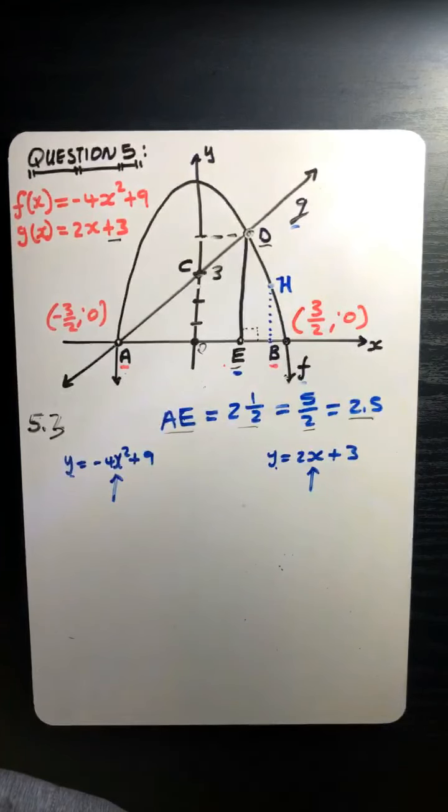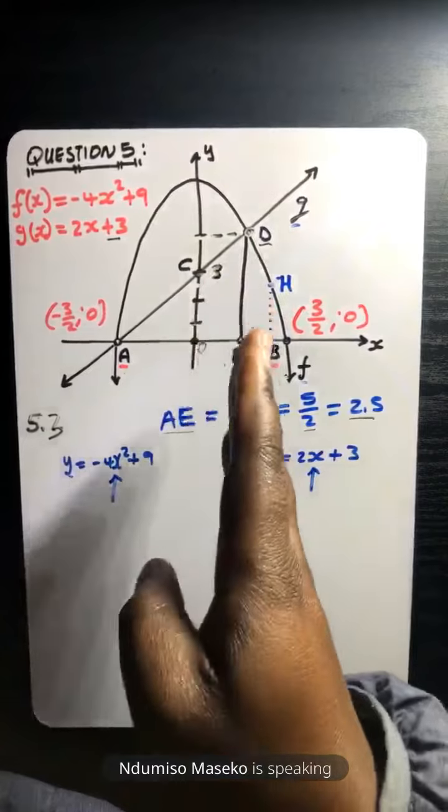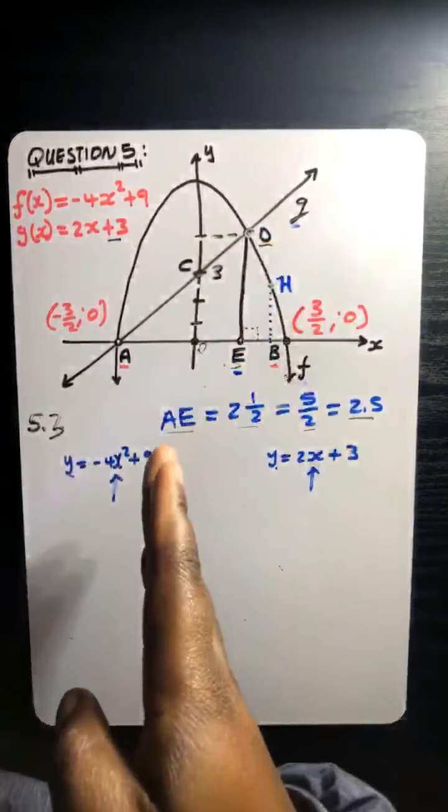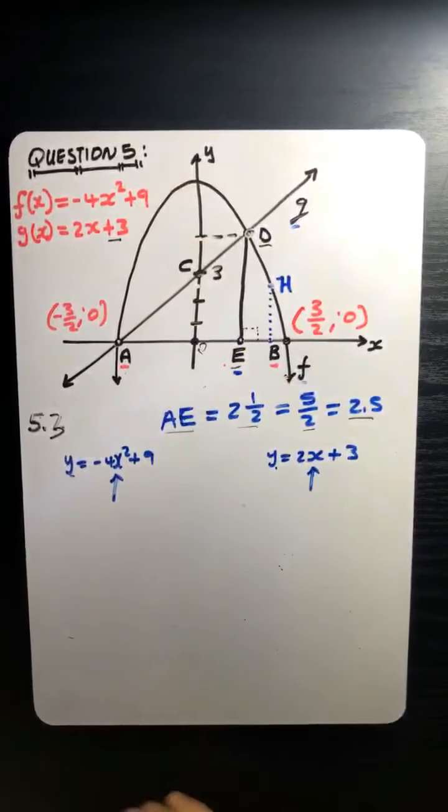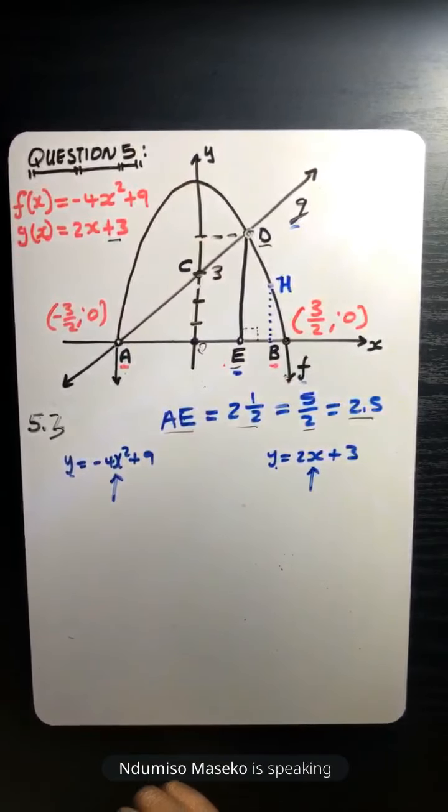Then we can find the x coordinate for E. The x coordinate for E corresponds with the x coordinate of D because they are in a straight line. They said DE is parallel to the y axis, which means it's a vertical straight line, so they share the same x coordinate.